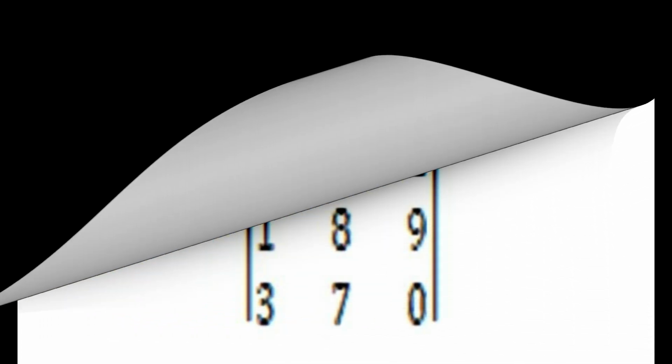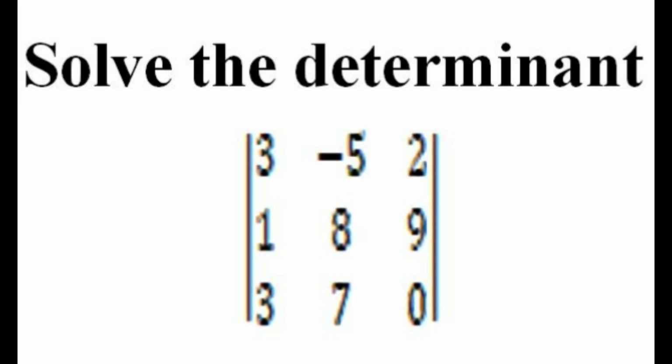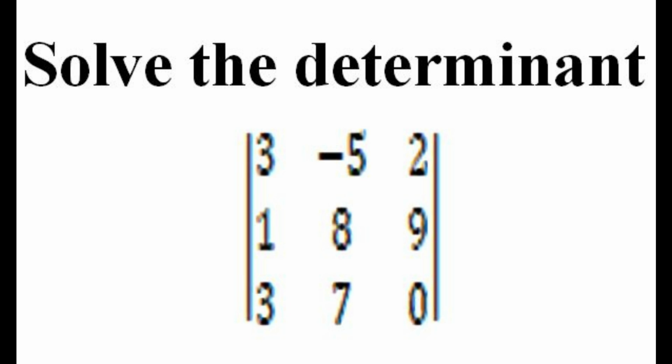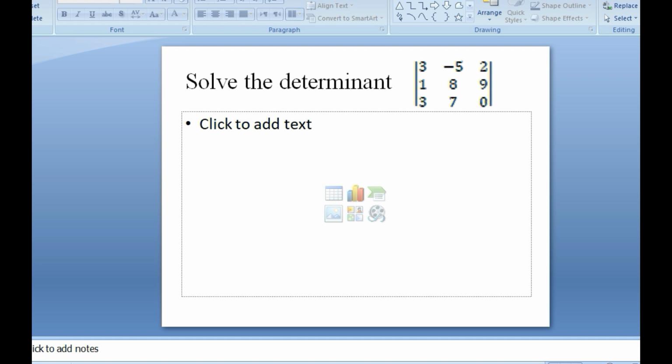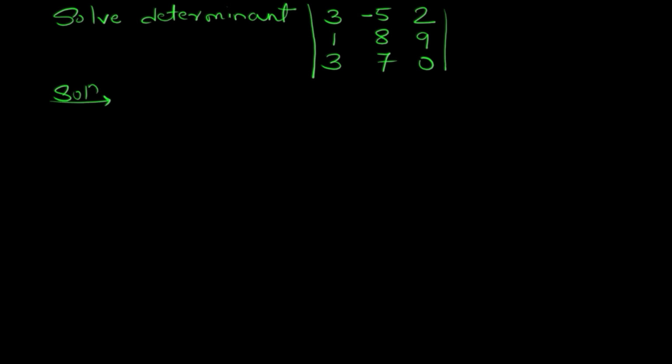Now the second question is, solve the determinant with rows 3, minus 5, 2; 1, 8, 9; 3, 7, 0. Solution. Let D be equal to this determinant.